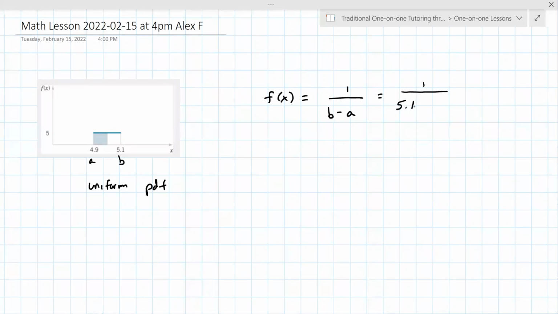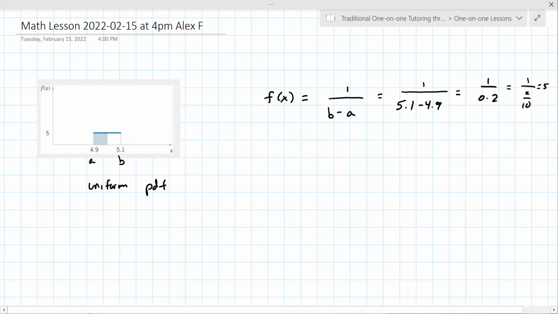Yes, and there's a whole bunch of uniform PDFs, right? So here you start simplifying, you get 1 over 0.2, which equals 1 over 2 over 10, which equals 5.